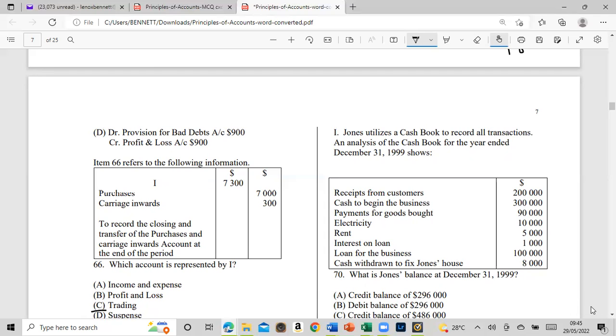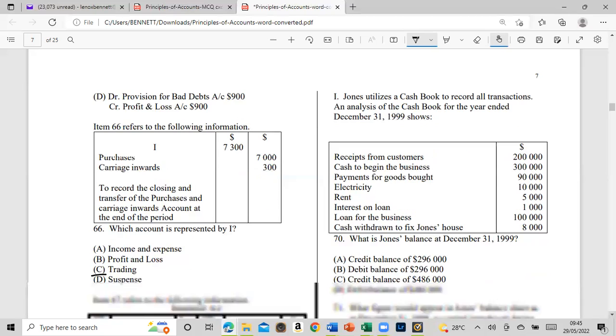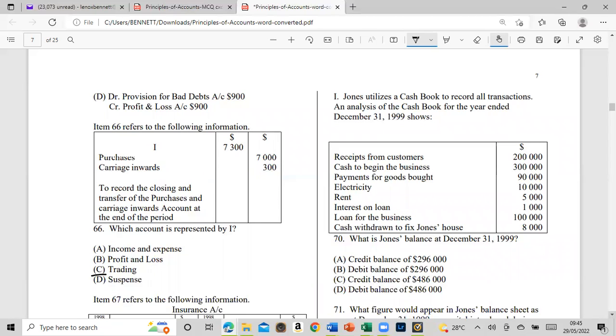Let's see what they want from us. It says now, what is Jones' balance at December 31st, 1999? All right, so let's see how we're going to group them. All the assets basically are cash inflows.